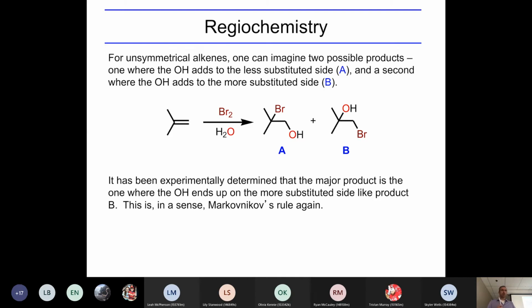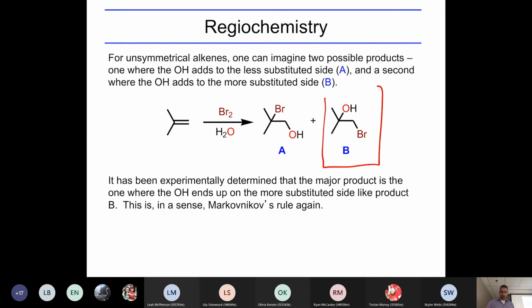And if you think about it, it's almost like the Br adds first, and the OH adds second. It's not really a carbocation mechanism, though, so we can't really apply the same kind of thinking. But experimentally, what we see is the OH will end up on the side of the double bond that was originally more substituted.